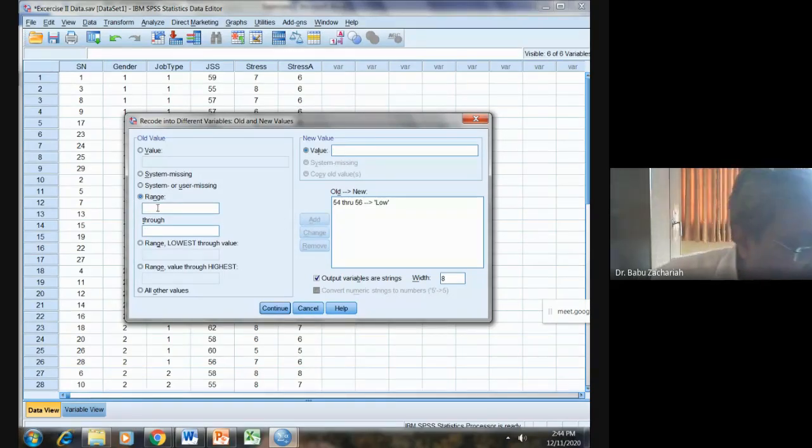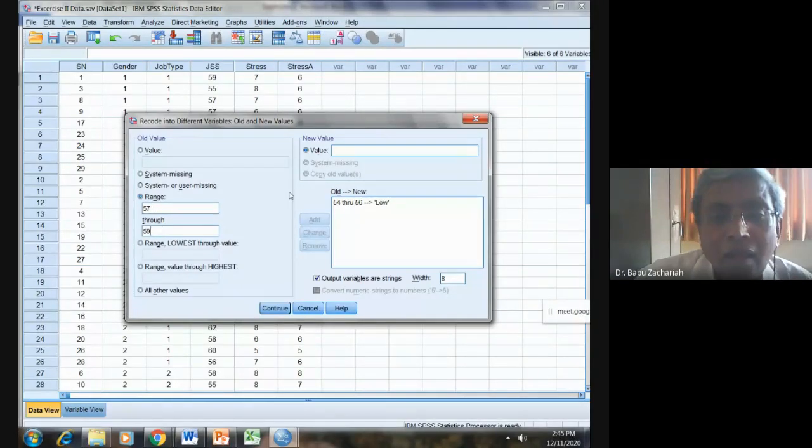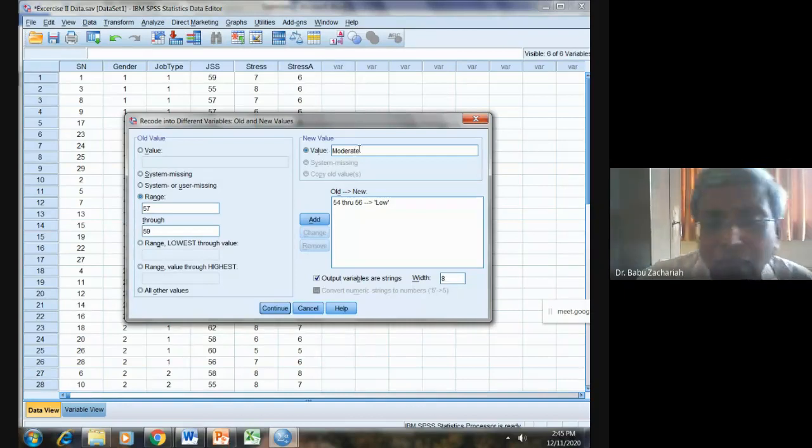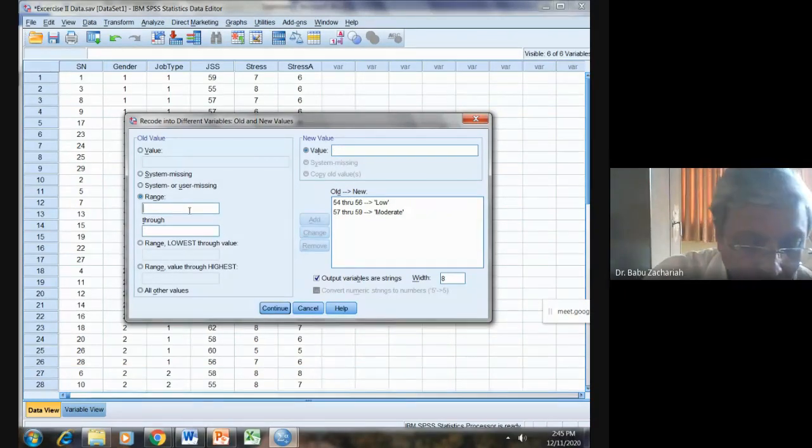Then next one, 57 to 59. And here put moderate. And then 60 to 62.